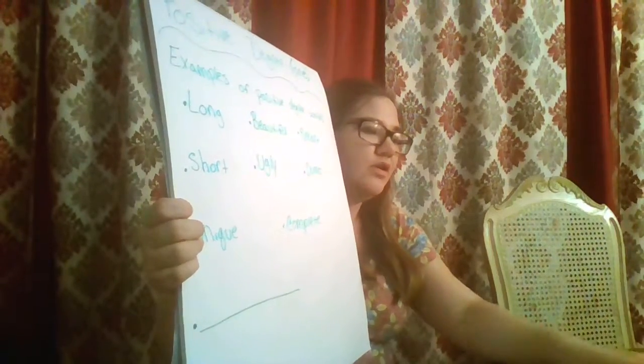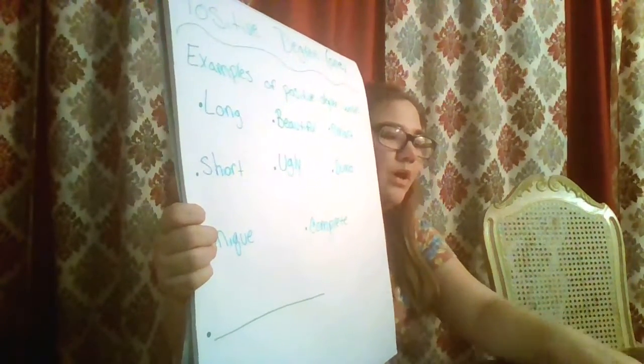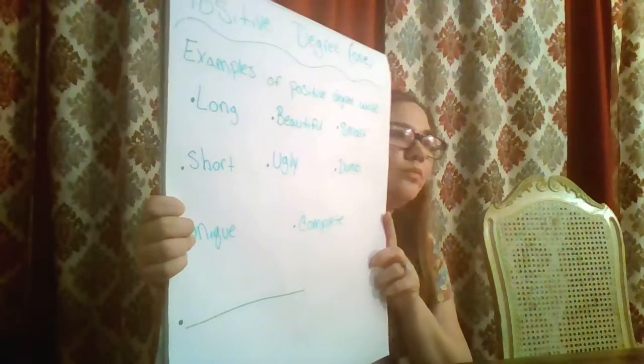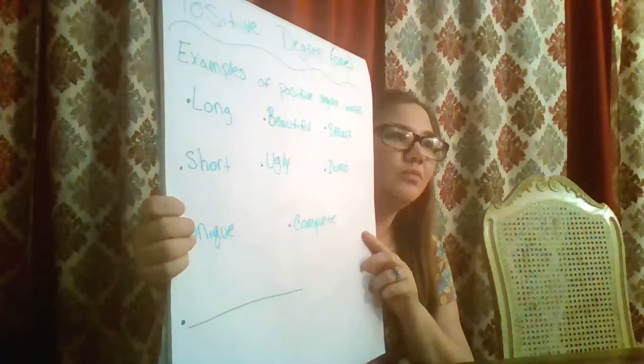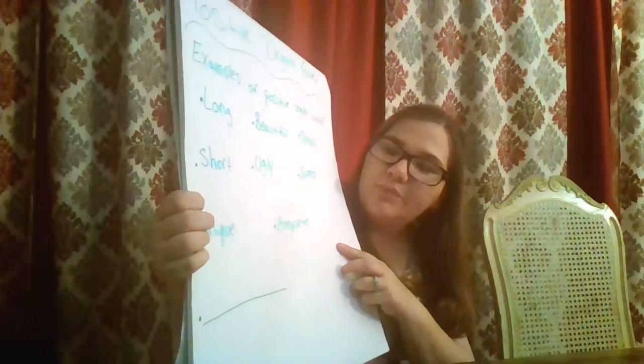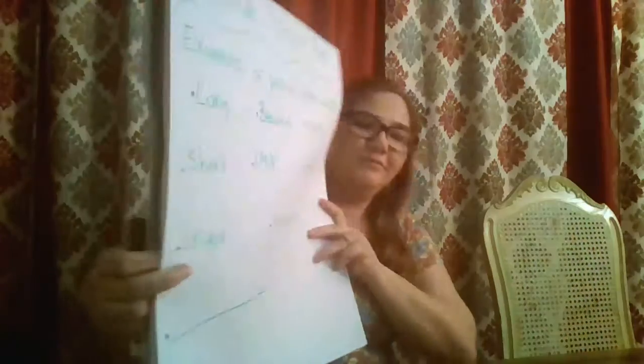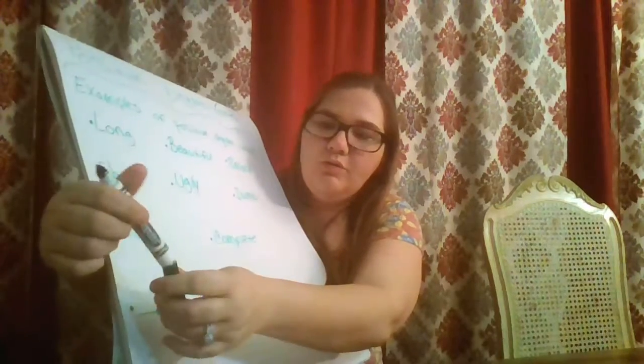And remember, positive degree is used when describing one object, person, or place. Tall. Okay, tall, that's a good one. So tall. And then we go ahead and write tall in a little extra line down here. Okay, so tall.